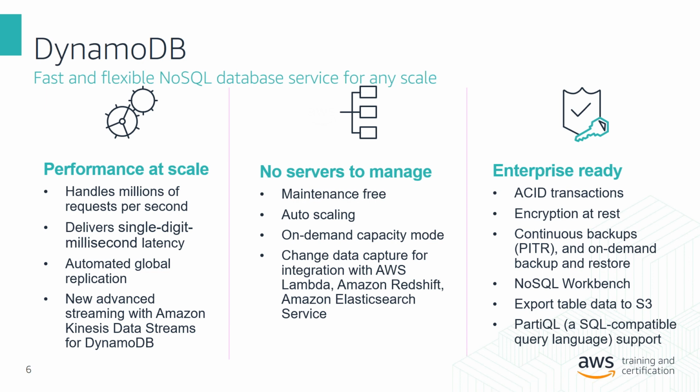So for all of these reasons, key value or NoSQL databases are commonly used for internet-scale applications, real-time bidding, shopping carts, customer preferences. We'll talk about different use cases we have for NoSQL DBs and specifically DynamoDB in the upcoming slides.